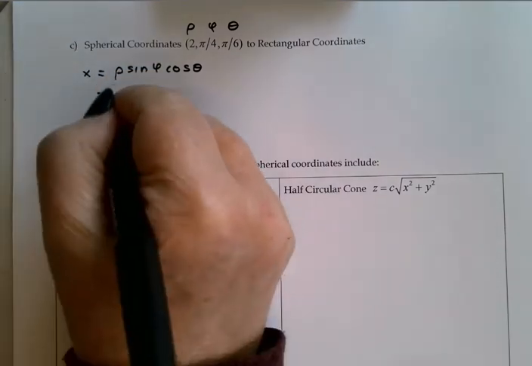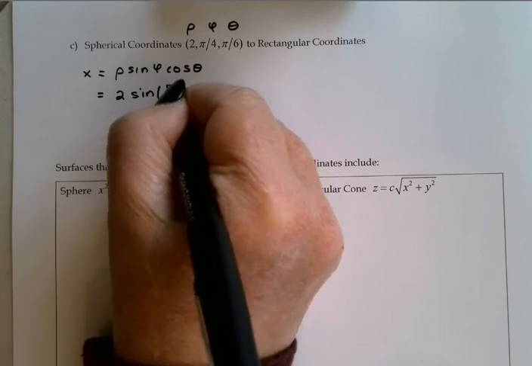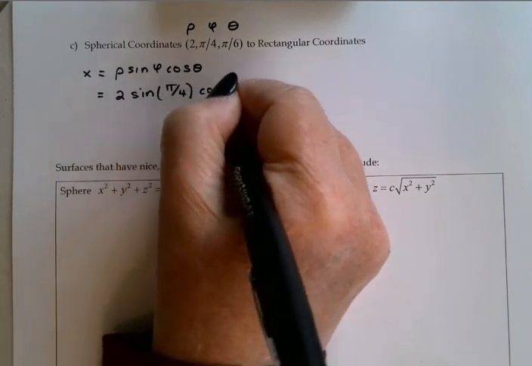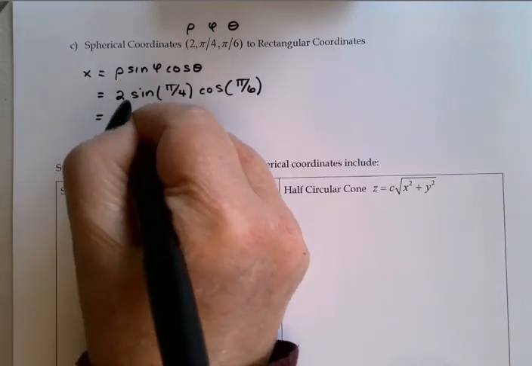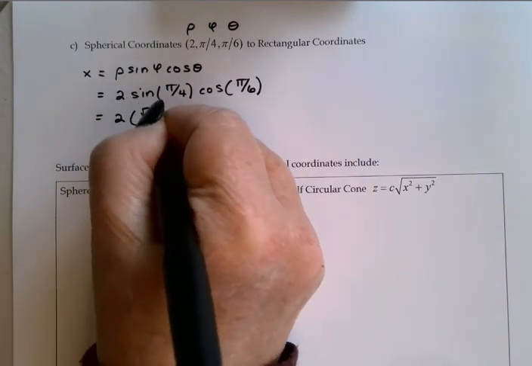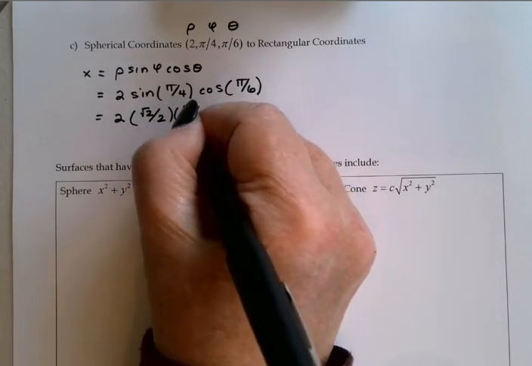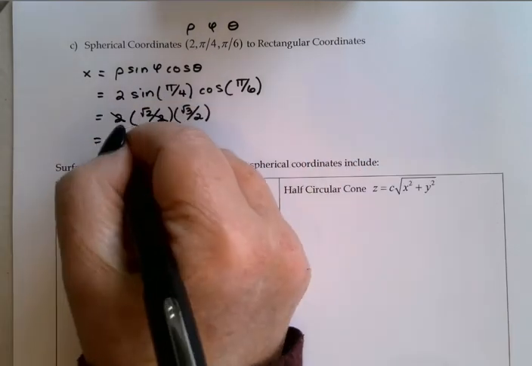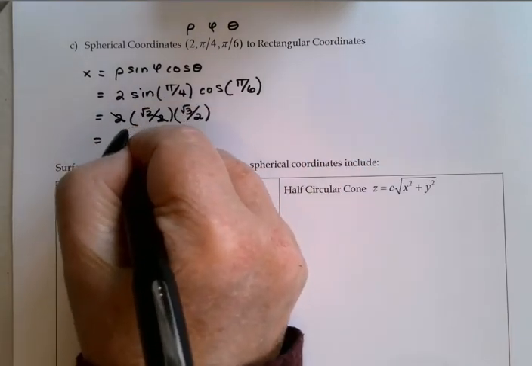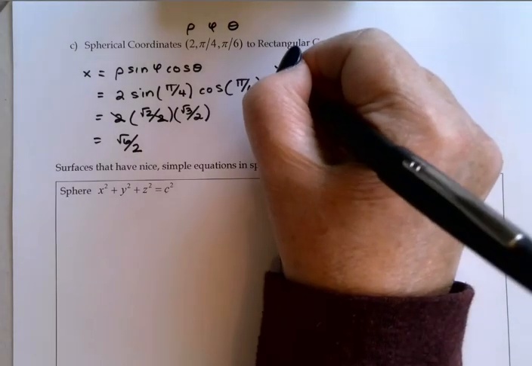We just plug in 2 sine pi fourths cosine pi sixths. That would be 2 times the square root of 2 over 2 times the square root of 3 over 2, or the square root of 6 over 2. Similar idea for y.